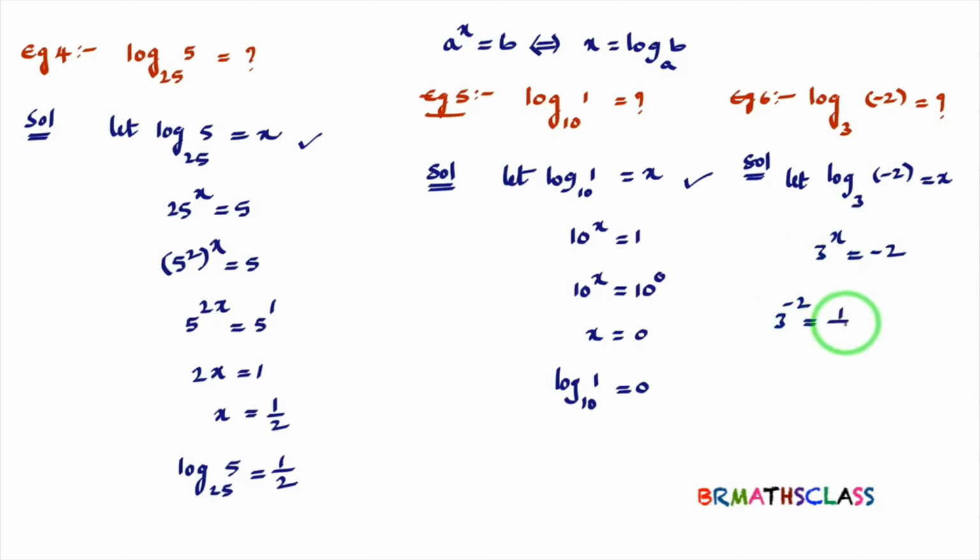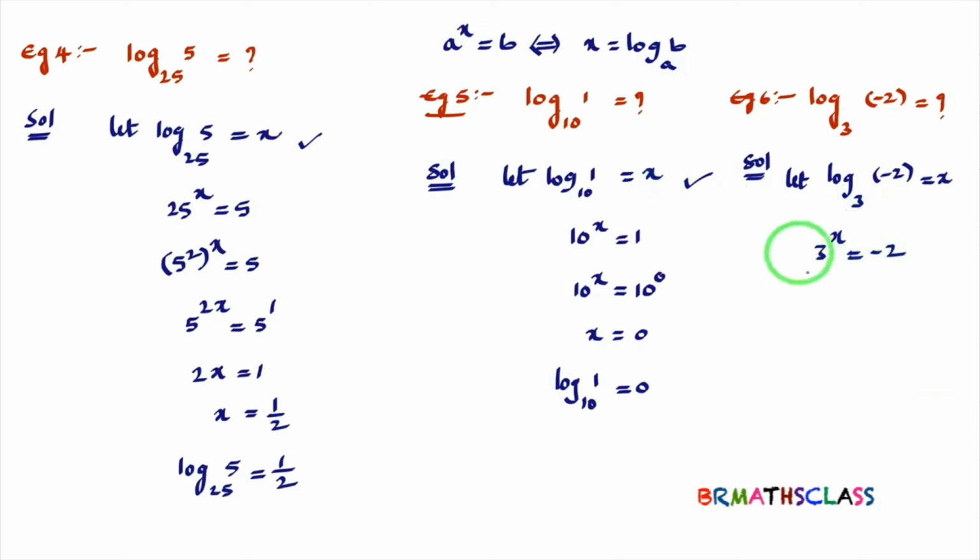This is nothing but 1 by 3 square, which is 1 by 9. This is positive only. So 3 power any number you write, it is always positive. If you take x as 0, 3 power 0 value is 1. Try to understand what I am asking: you find some x such that 3 power that number is negative. You won't get it.